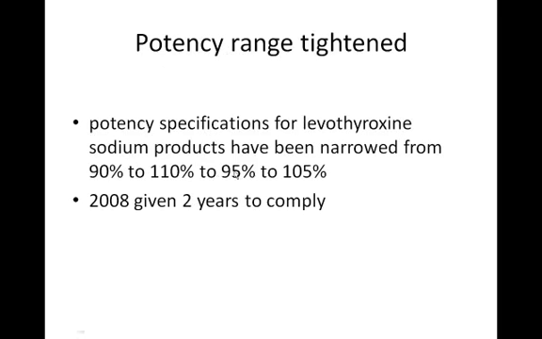The potency specifications for levothyroxine went from 90 to 110% of the label to 95 to 105%, so just plus or minus 5%. We narrowed it because it's such a small number to begin with, and they should all be in compliance at this point. So you should have said something like this to get your point on that.